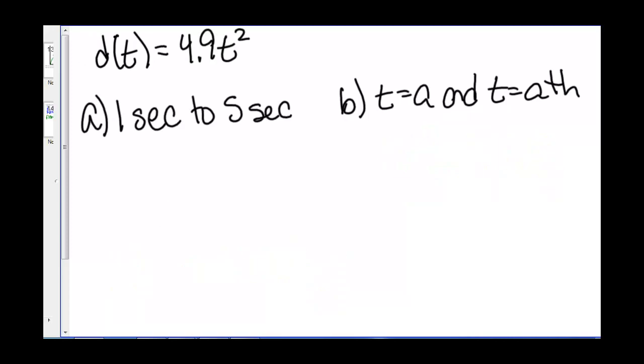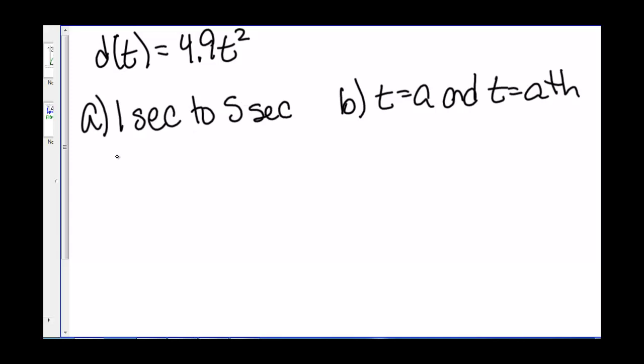Let's say an object is dropped from a building and the distance it's traveled is 4.9 t squared, where t is time in seconds. So from 1 second to 5 seconds, finding our average rate of change is finding our average speed.